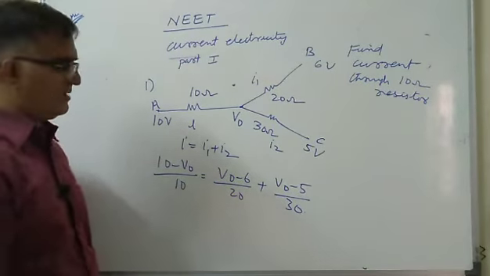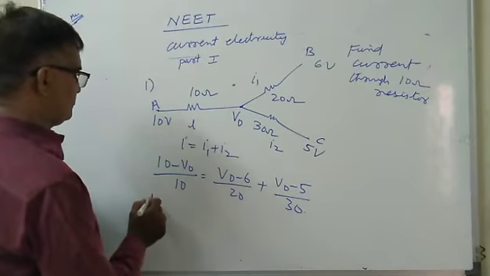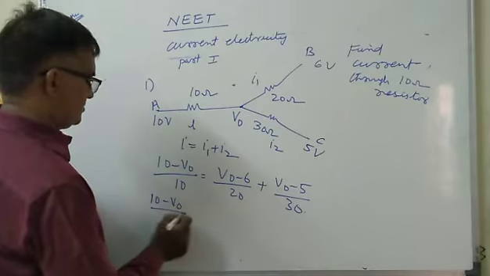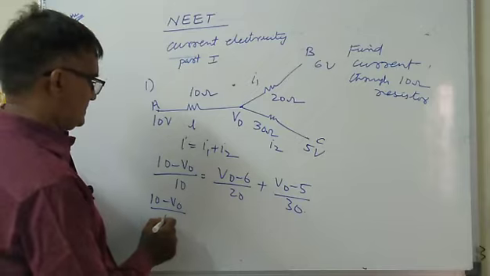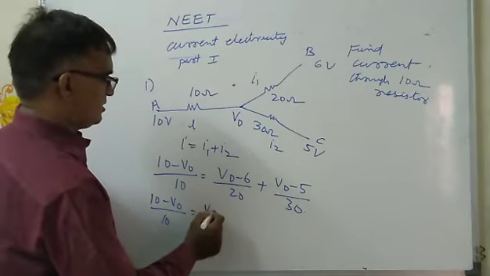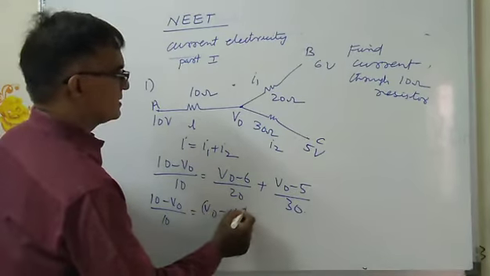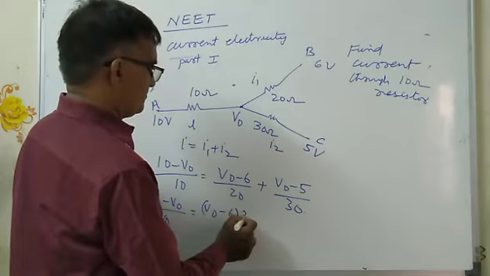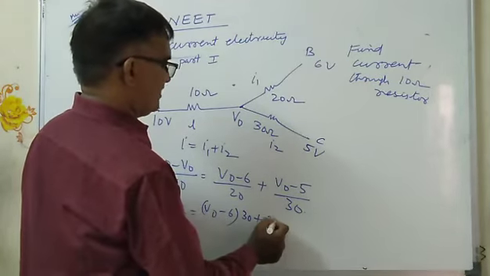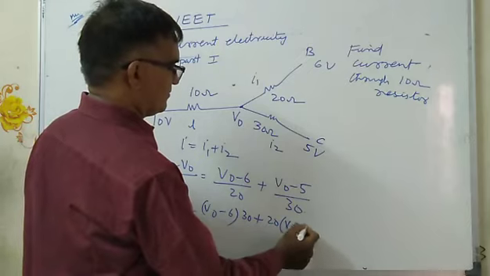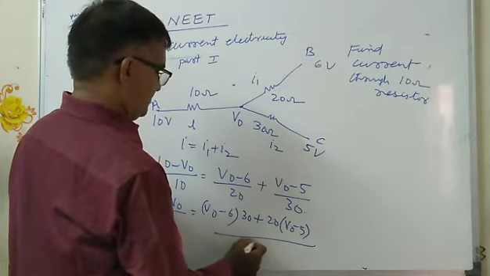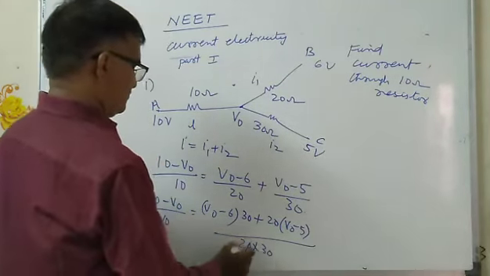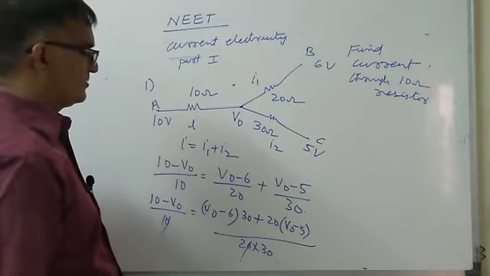We have to take the LCM now. Here 10 minus V0 by 10, and here V0 minus 6 into 30 plus 20 into V0 minus 5, divided by 20 into 30. So the zeros get cancelled here.